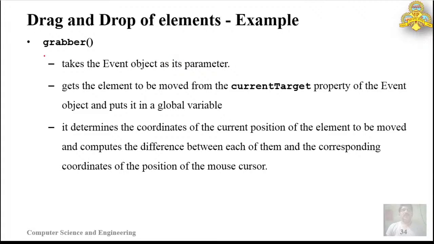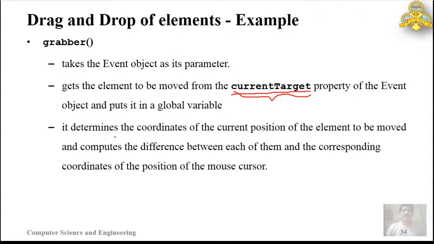Let's go for what are the functions of these event handlers. Grabber takes the event object as its parameter and it identifies which element is to be moved from the current target property of the event object. That means I am not specifying the element name or the ID directly; I identify which object triggered the event by accessing the current target property of the event object.